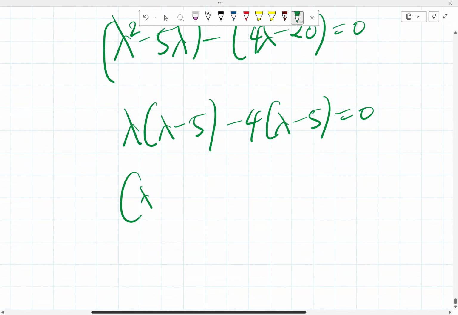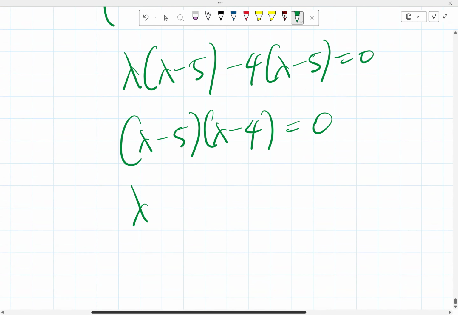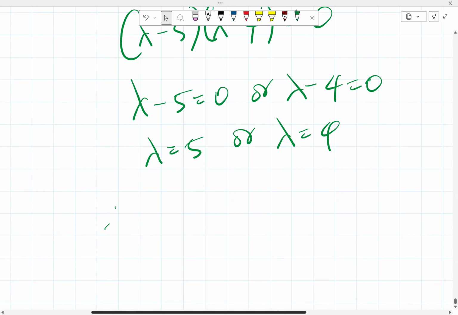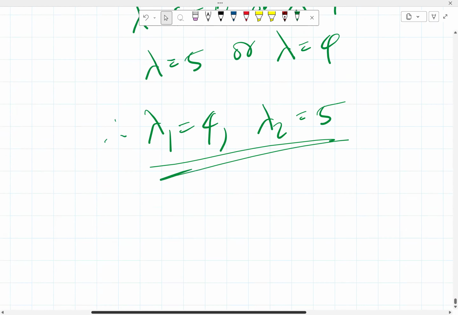So we have (lambda minus 5)(lambda minus 4) equals 0. That means lambda minus 5 is 0, or lambda minus 4 is 0. So lambda is 5 or lambda is 4. I like to arrange them, so lambda 1 is 4, lambda 2 is 5. So we have our eigenvalues.